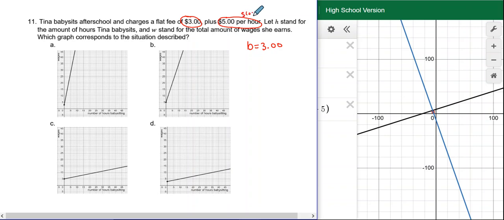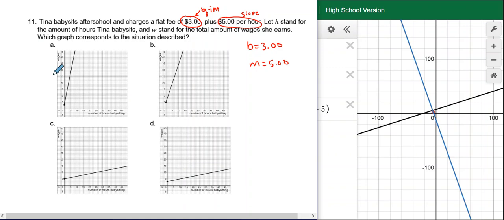Depending on how many hours Tina is babysitting, this is your slope. Slope is $5. And then this is your y-intercept, your initial point or your starting point. So it looks like it starts at 3. So this one starts at 3, this one starts at 5, and this one starts at 3. So these two. And then it looks like it's a slope of 5.